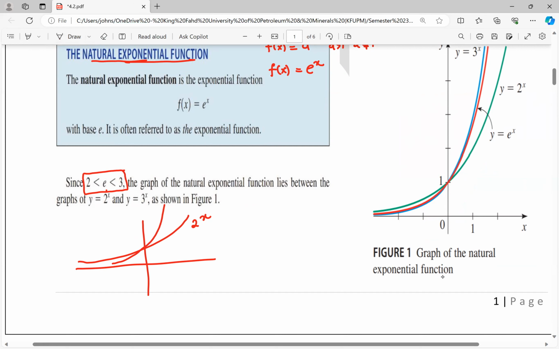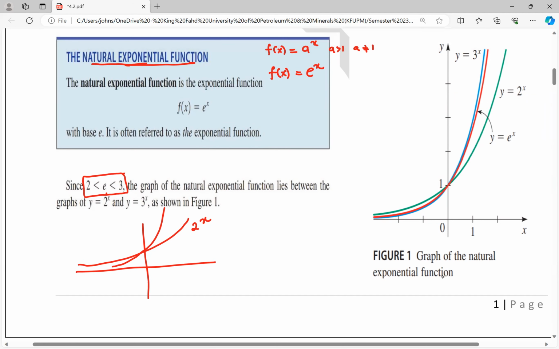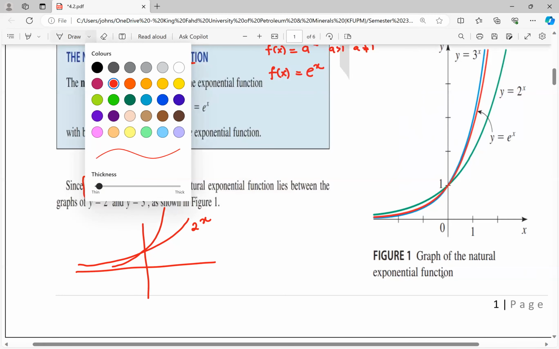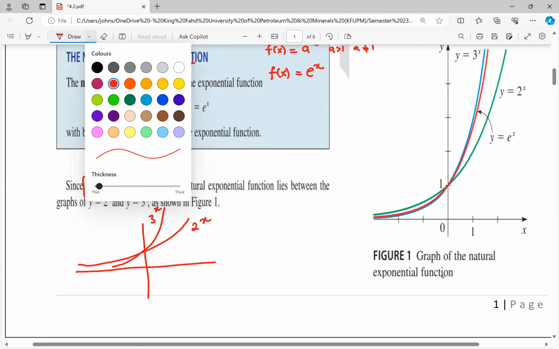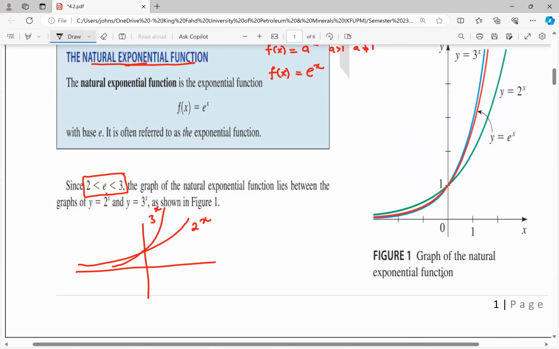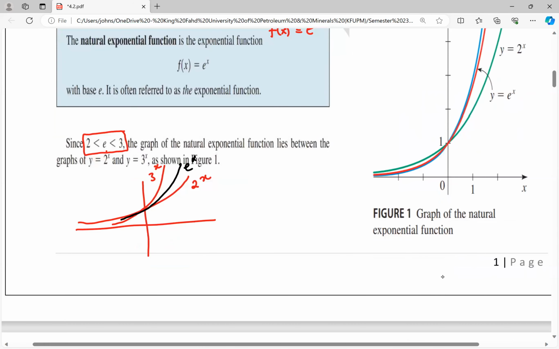The bigger the a, the closer the graph is to the y-axis, right? Now since e is between 2 and 3, this graph is going to be somewhere here, between 2 and 3. So this is going to be our e to the power x. So it's an increasing function as well.